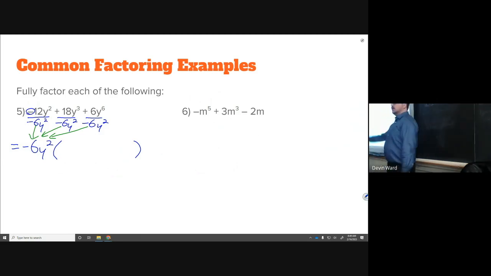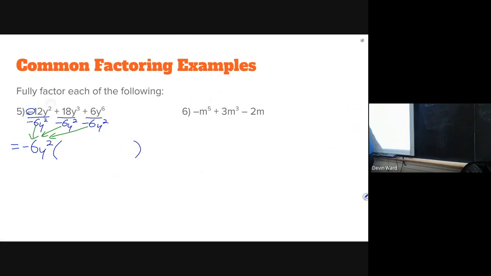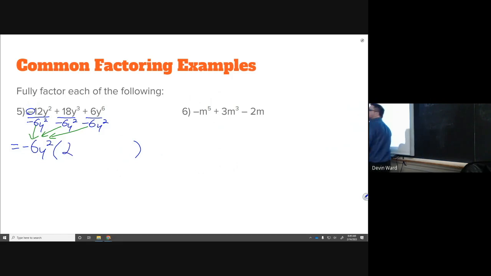Okay, now you want to divide each of these in parts, so look at the numbers first and then the letters. So if I just look at negative 12 divided by negative 6, what would that be? So it would be 2, but what happens when we divide a negative by a negative?